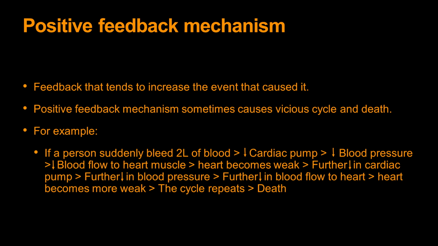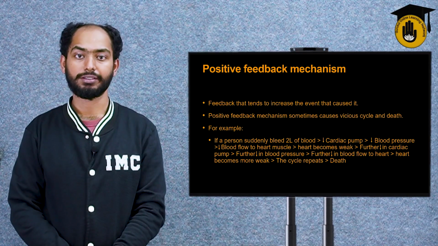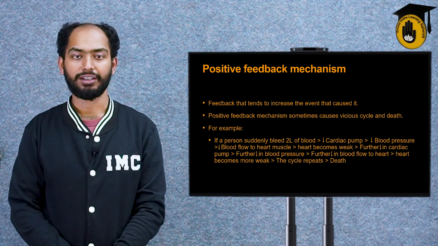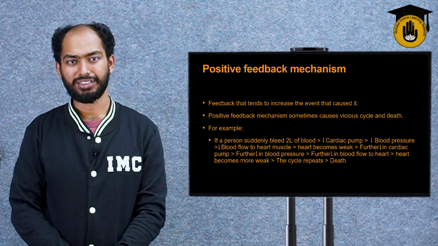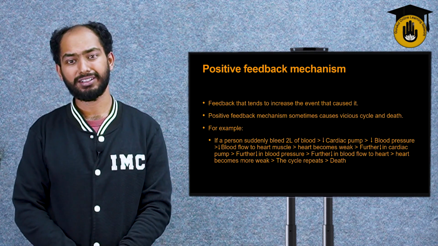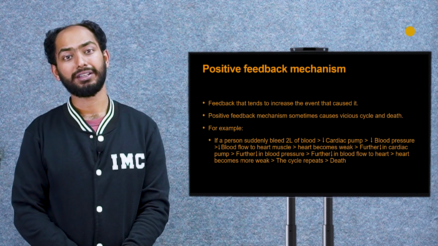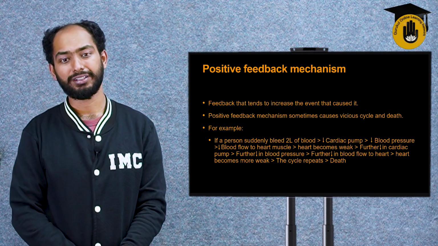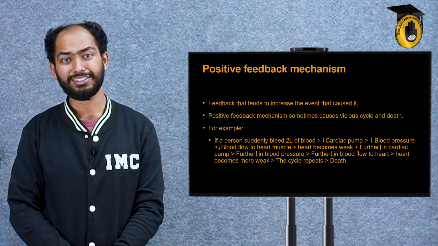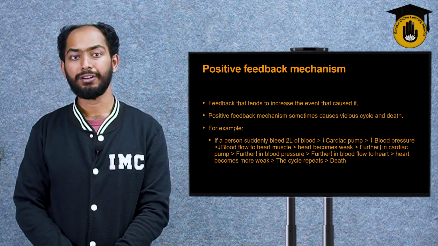As the cardiac muscle cannot pump fast or in a good manner, our blood pressure will fall, and as our blood pressure falls, blood flow into the heart muscle will also fall. Our positive feedback mechanism will aggravate this condition, so cardiac pumping will be further reduced, and heart muscle blood supply will be further reduced. Ultimately this vicious cycle will go on and on until death occurs to that person.